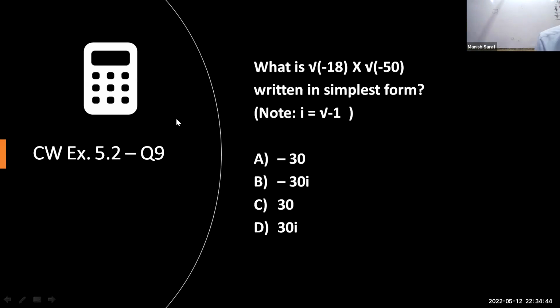Let's solve this. Question number 9 from your book. What is the value of root of minus 18 into root of minus 50? Written in simplest form.